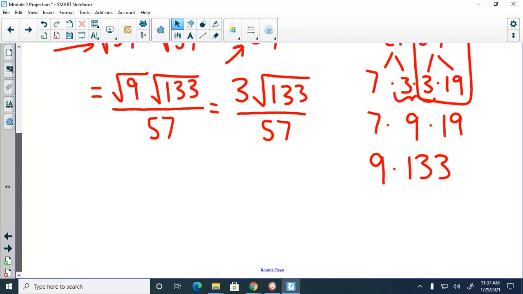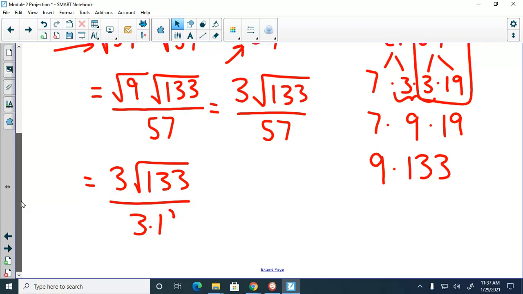So I notice that I can reduce my fraction as the last step by rewriting the 57 on the bottom as 3 times 19. I can cancel these factors of 3, and I arrive at my fully simplified answer, square root of 133 over 19.